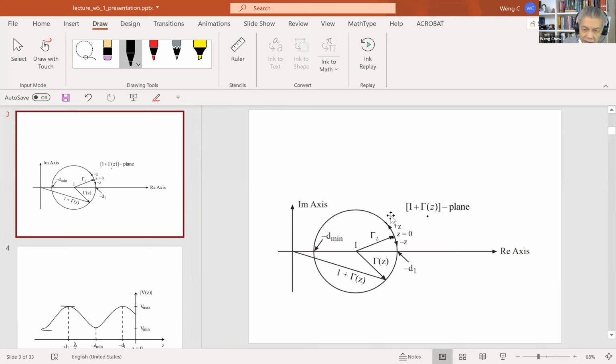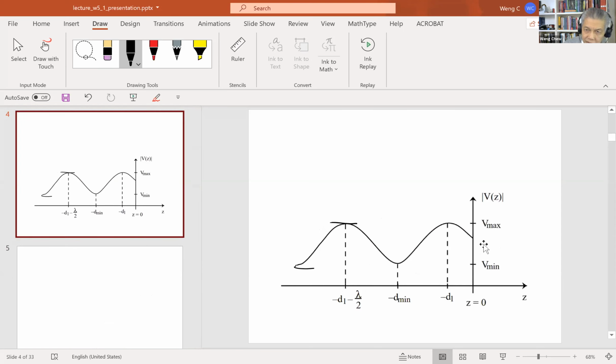D min means that this has rotated to the other end of the circle, and if you reach this end, 1 plus gamma Z is the smallest. However, if you reach over here, 1 plus gamma Z will be the largest. You can see that 1 plus gamma Z becomes smaller, larger, smaller, and larger as gamma Z rotates on this circle. So the voltage standing wave pattern will look something like this.